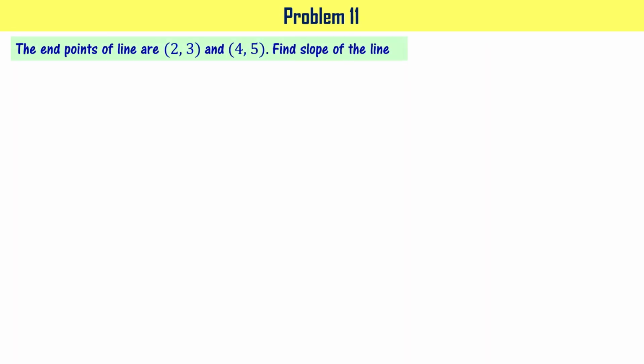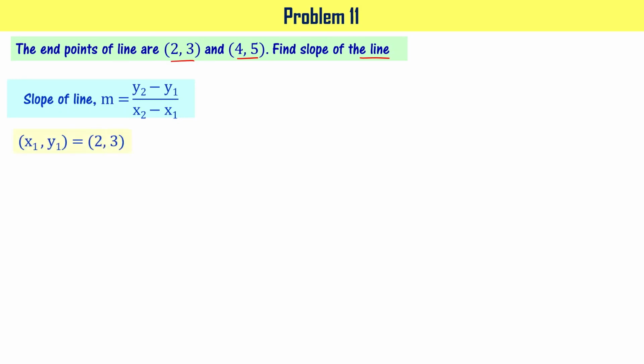The next problem we have is the endpoints of the line are (2, 3) and (4, 5). These are the 2 points representing the line. Find the slope of the line. We know that slope of the line is defined as m equal to (y2 - y1)/(x2 - x1), right? Let's say that (x1, y1) equal to (2, 3), (x2, y2) equal to (4, 5).